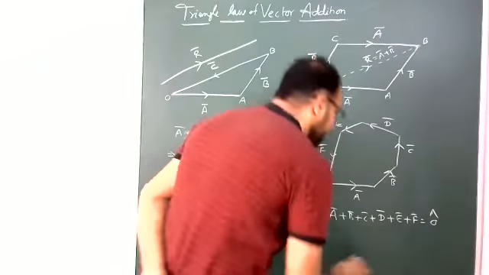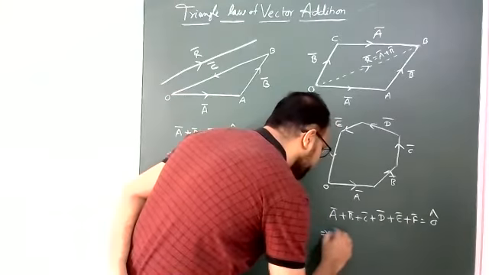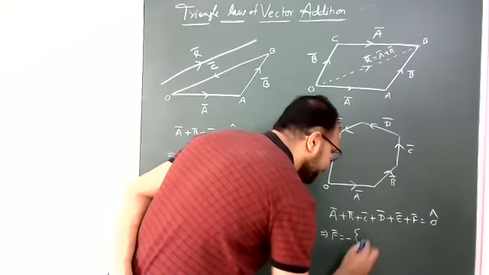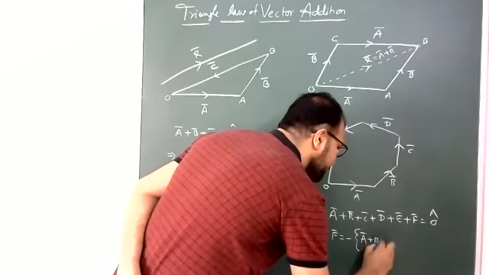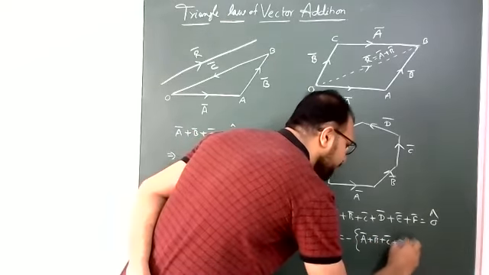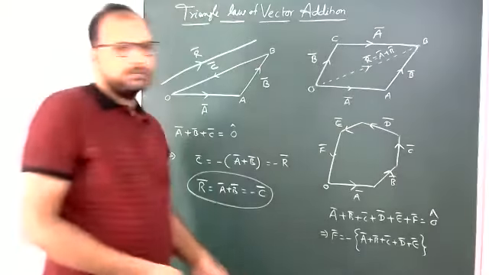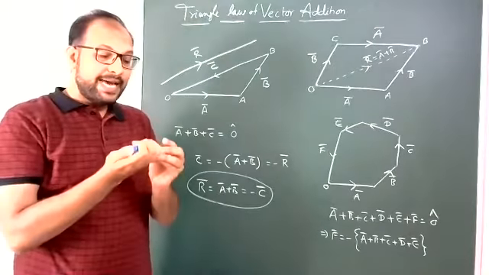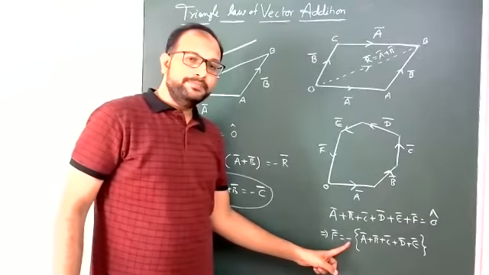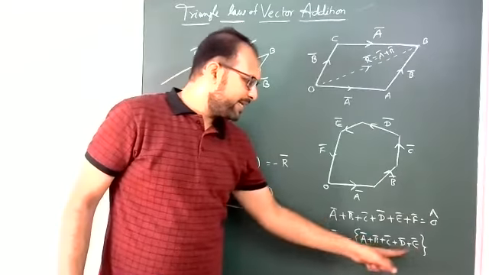Now F bar equals minus of (A bar plus B bar plus C bar plus D bar plus E bar). That means indirectly the negative of this whole vector addition.